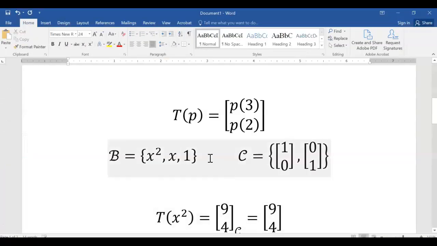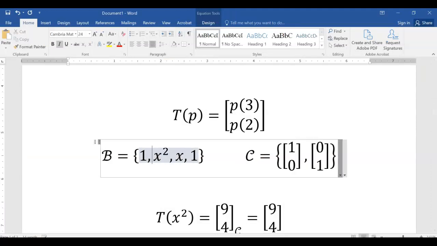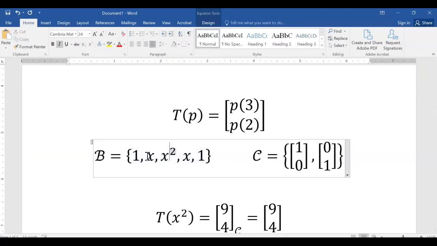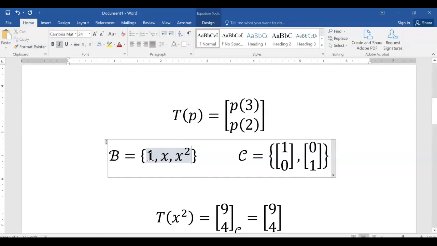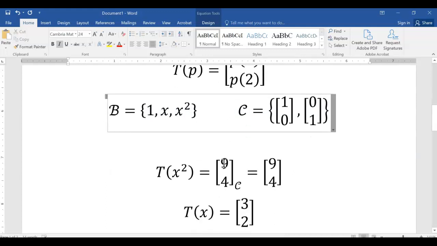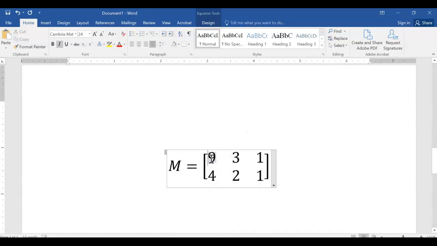What really is going on? So all we did was switch the order. That's not going to change what the transformation does to these three basis elements. All it's going to do is change the order of the columns of my matrix. So I'm going to now go from 9, 4 in the first column to 9, 4 in the third column.